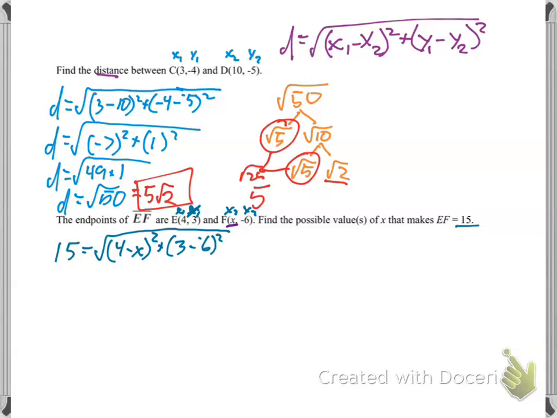I want to get x by itself, right? Well, x is underneath that square root symbol, so I want to get rid of the square root symbol, which, if you remember, we do by squaring it.